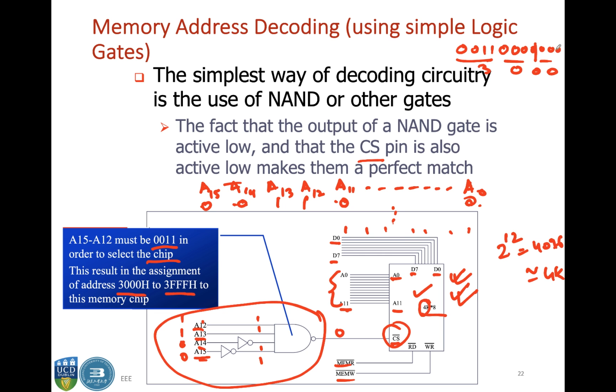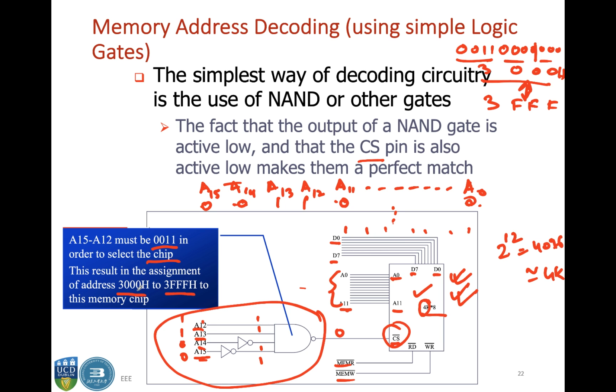If you arrange 4 bits at a time, you can see that in hex this is 3000 hex. And the all-ones case for A11 to A0 will give you 3FFF. So the range of addresses that you can access is 3000 to 3FFF, and you can see how this decoding circuitry affects this range.